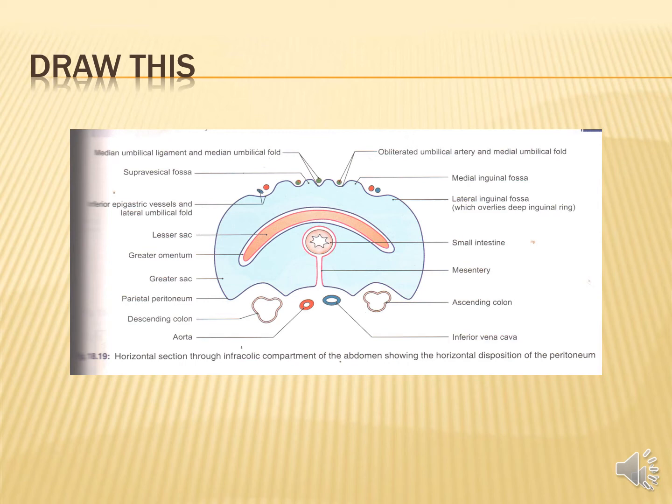Lateral to it, on either side, we have supravesical fossa, and then we have obliterated umbilical artery, red in color, raising the medial umbilical fold, and then lateral to it we have medial inguinal fossa. More lateral to it we have lateral umbilical fold, which is raised by the inferior epigastric vessel, and the lateralmost fossa is the lateral inguinal fossa, which overlies the deep inguinal ring. So please draw this diagram.